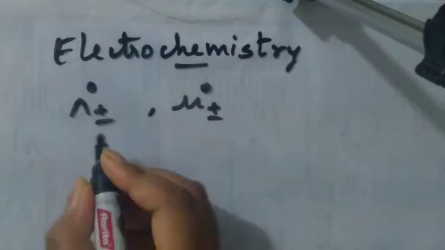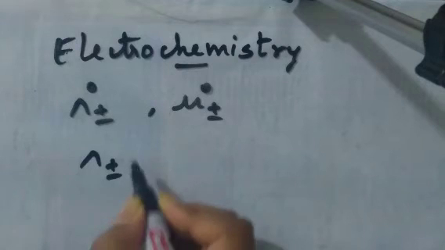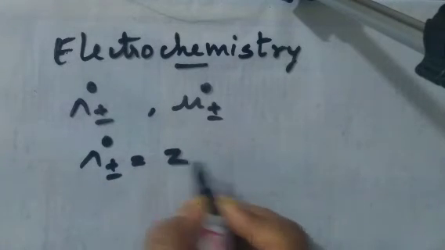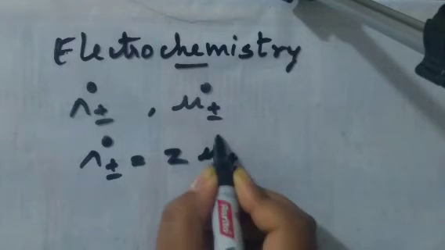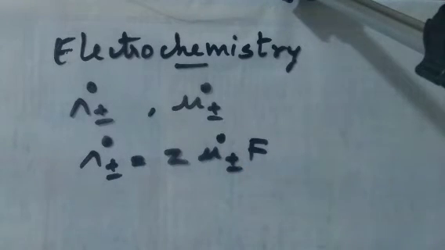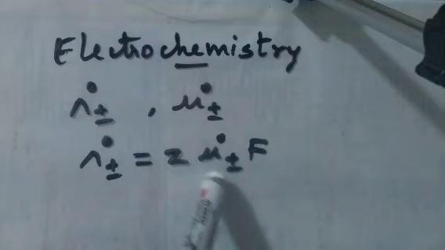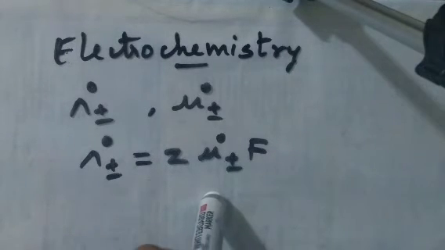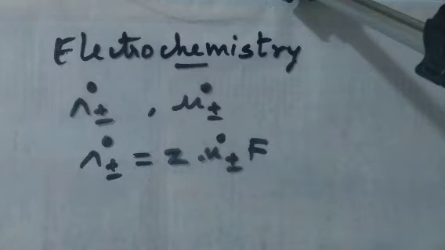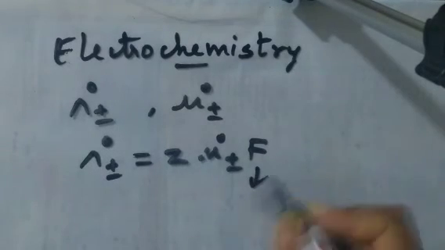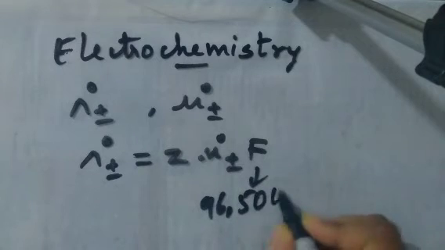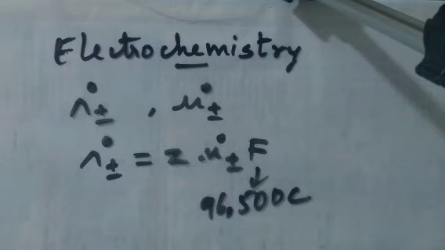The relationship is given by the formula lambda± naught = Z U± naught F. Here lambda± naught is the molar ionic conductance at infinite dilution, Z is the charge number of the ion, U± naught is the ionic mobility at infinite dilution, and F is the Faraday, which has the value 96,500 coulombs.